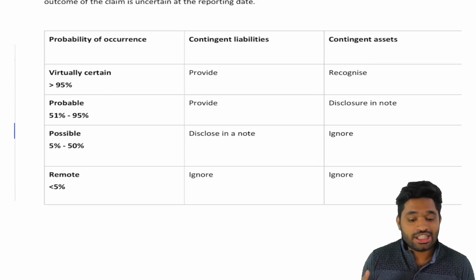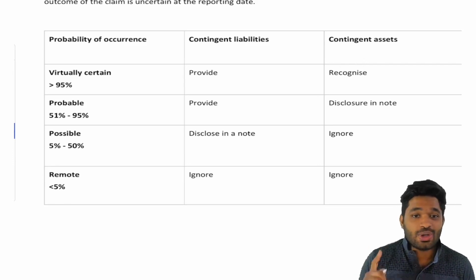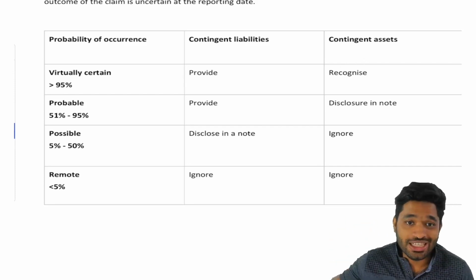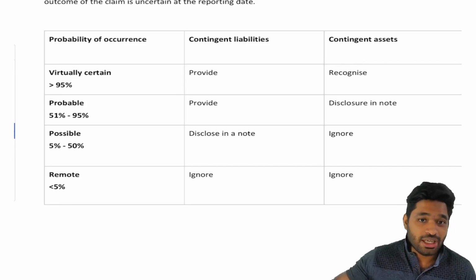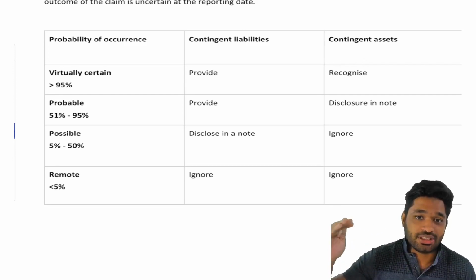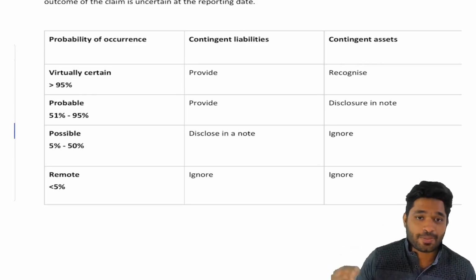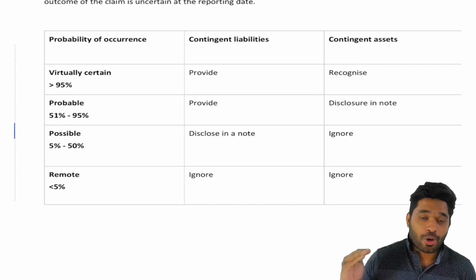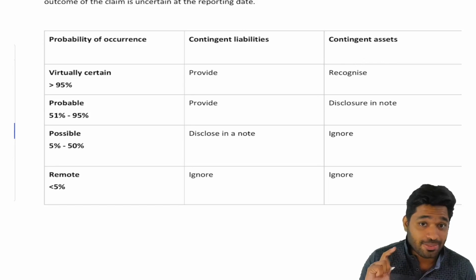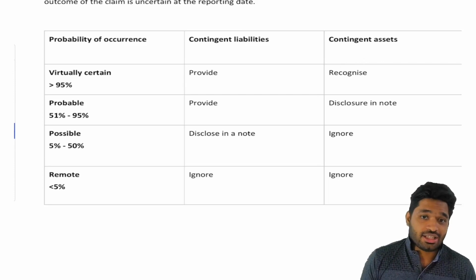But when it comes to contingent assets, you can only recognize it as a provision if you are virtually certain. That means the probability of you receiving economic benefits, of you winning the court case, is about 95%, right? When you are virtually certain that you will receive the money, okay? But if it is probable, if it is between 50 to 95%, then you will not consider it as a provision, but you will disclose it in your notes as a contingent asset, right?